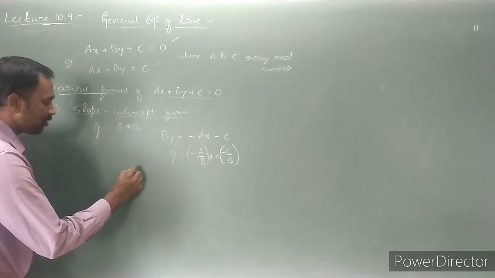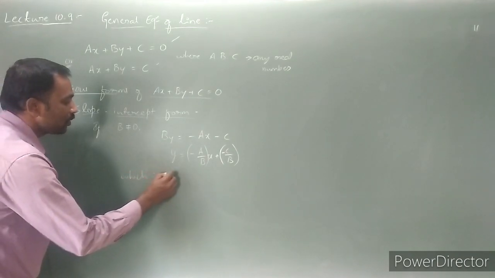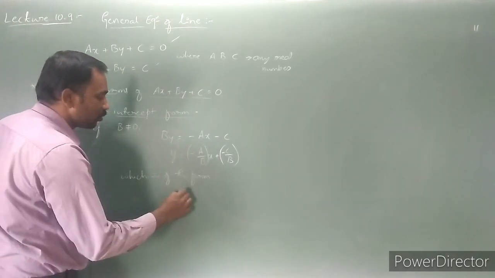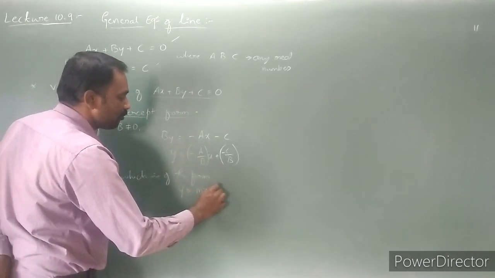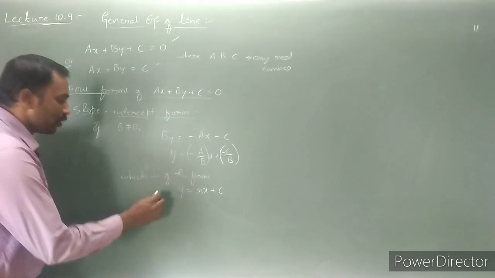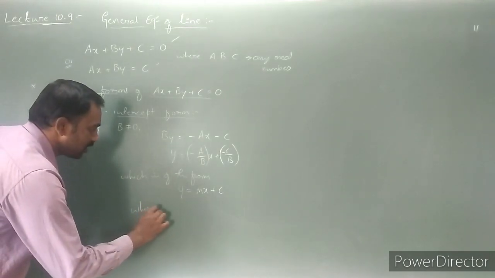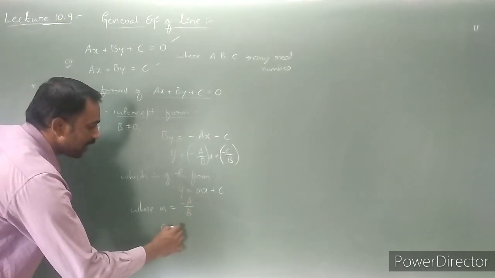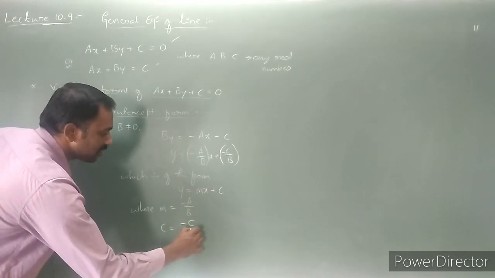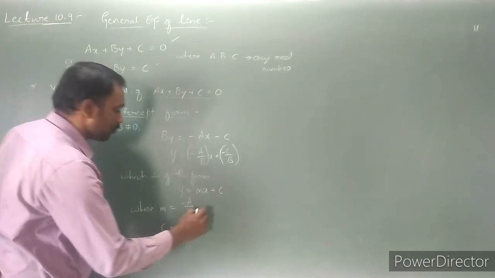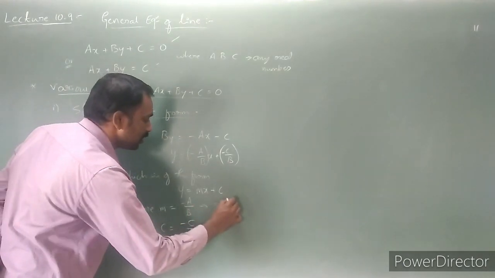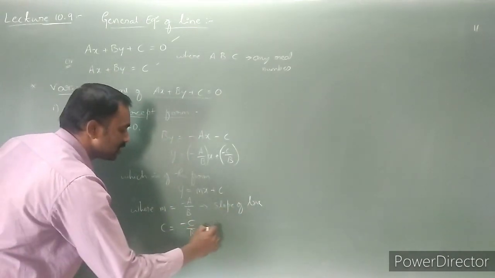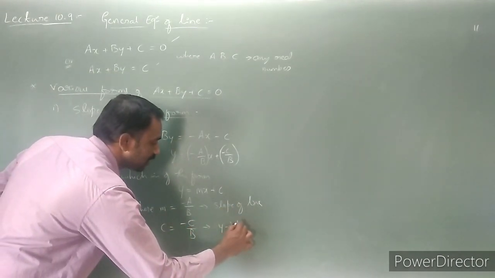This is exactly of the form y = mx + c, where m = -A/B and c = -C/B. This m is the slope of the line, and c is the y-intercept.